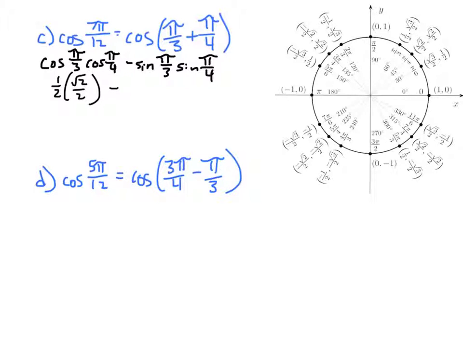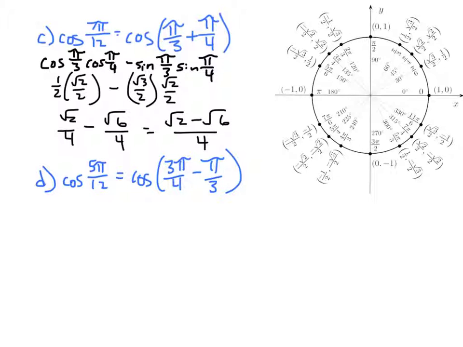Minus the sine of pi over 3, which is the square root of 3 over 2, times the sine of pi over 4, which is square root of 2 over 2, because these are the y values at those angles. So, square root of 2 over 4 minus the square root of 6 over 4. Just combine them: square root of 2 minus the square root of 6, all divided by 4.